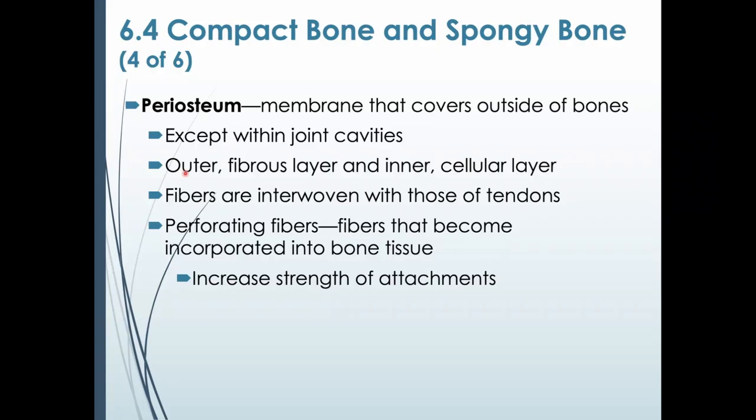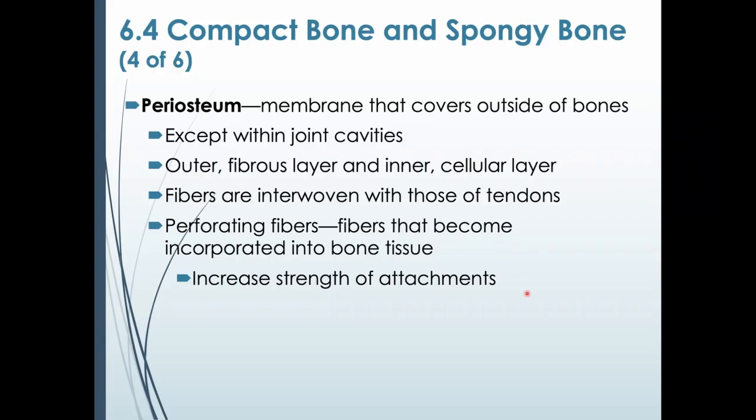So the fibers are going to be interwoven with those of the tendons. That's how you get muscles to attach to bones. The tendons are going to be muscles attaching to bones. You're also going to have what is called perforating fibers. Those become incorporated into bone tissue.